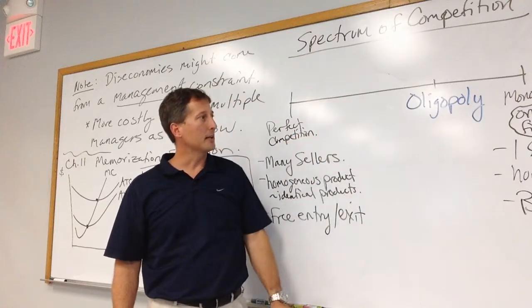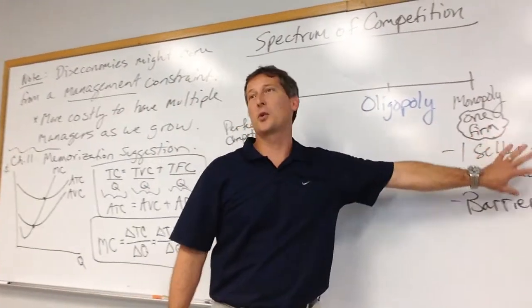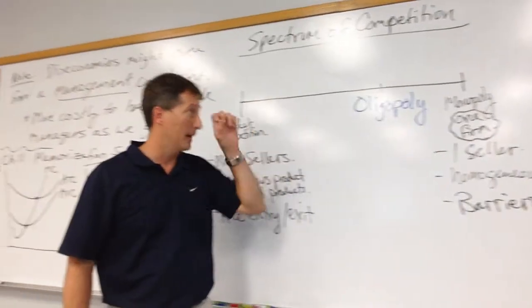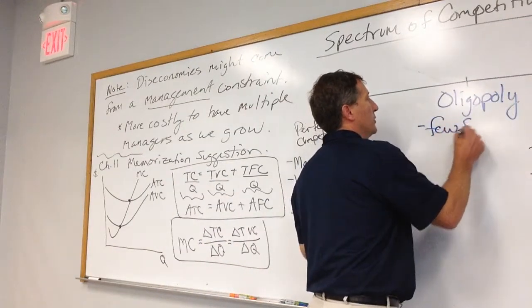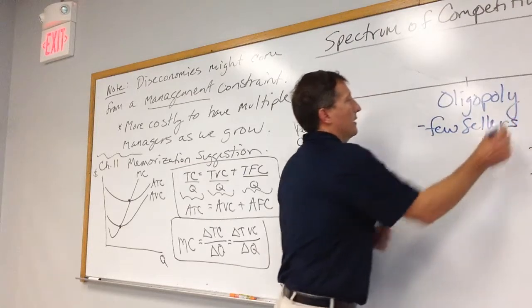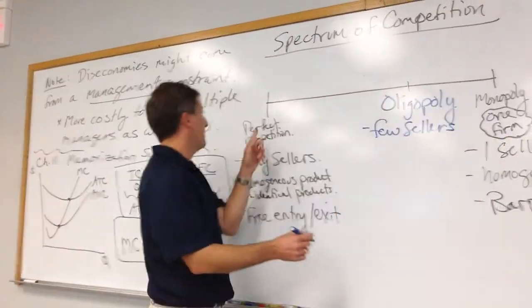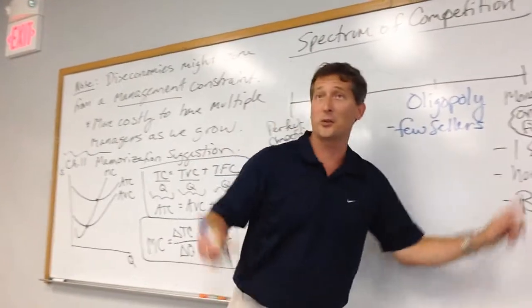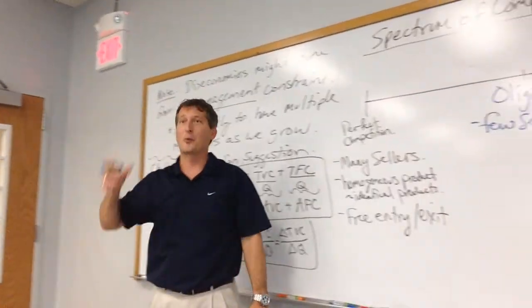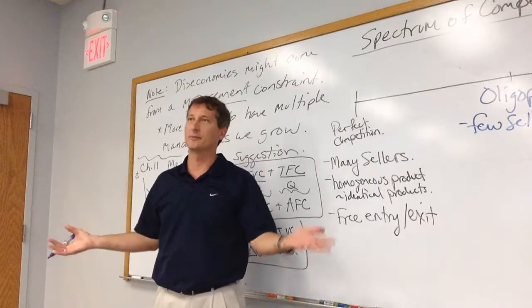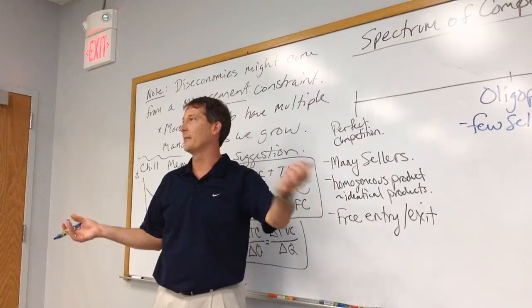So oligopoly, what we're going to do is tweak this stuff over here. An oligopoly is an industry that has a few sellers. So not one seller, not many sellers, but a few sellers. And so the correct question would be, well, what do you mean by a few? Is that 10? Is that 5?